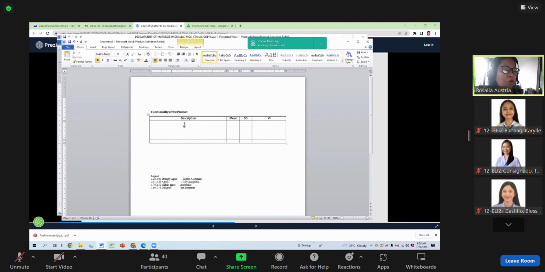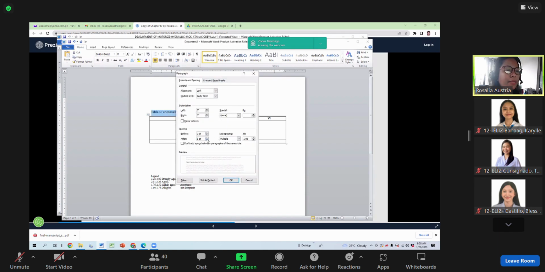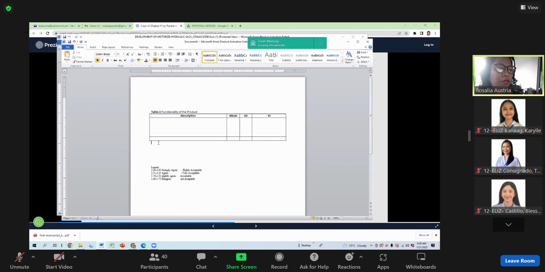So, going back to your question, you have put something here under functionality. Let's say this is the table. Point 1, functionality of the product. For example, this is single space. They should be together, 0, and then single space, and this goes below it. Now, for example, this is the description.